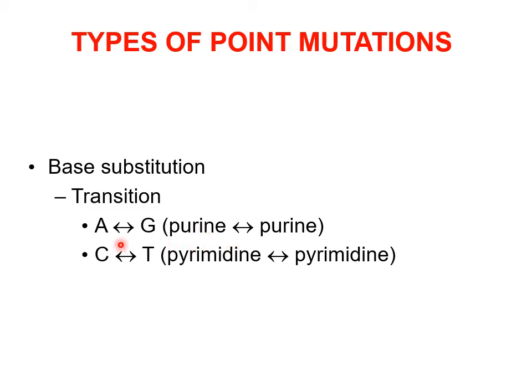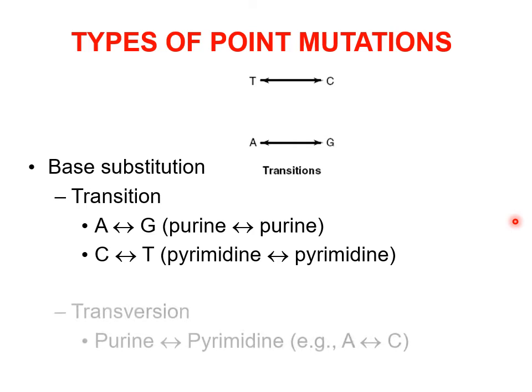For example, adenine can be replaced with guanine, or guanine with adenine. Similarly, cytosine is replaced with thymine, and thymine with cytosine. So where a purine is replaced by a purine only, and a pyrimidine by a pyrimidine only, it is called transition.